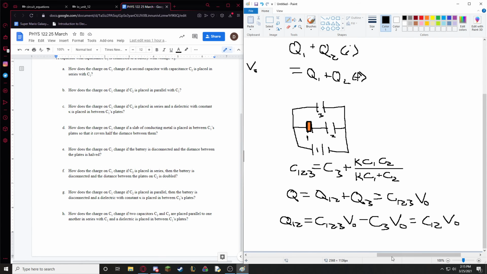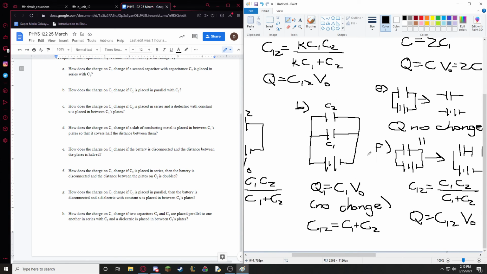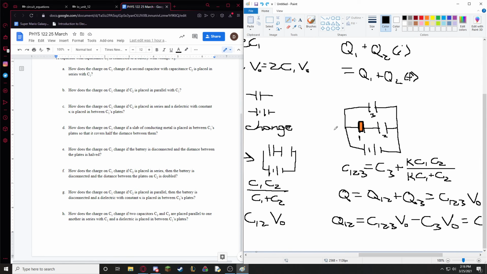We're taking our ideas that we had before, where we know that capacitors in parallel, the charge across them is the same as if each of them were alone, ignoring the other. And because we know the charge on two capacitors in series is the same, we just go ahead and solve for Q12.